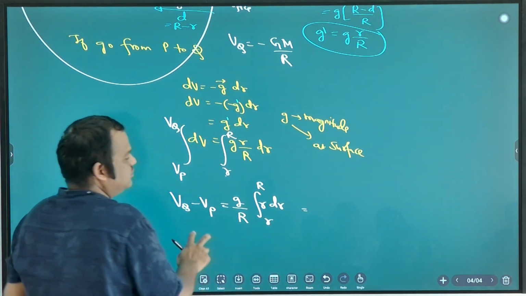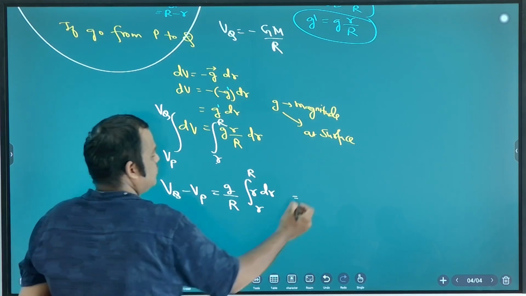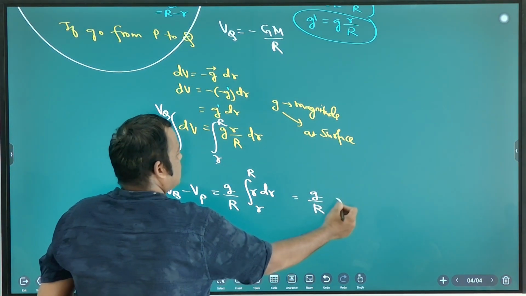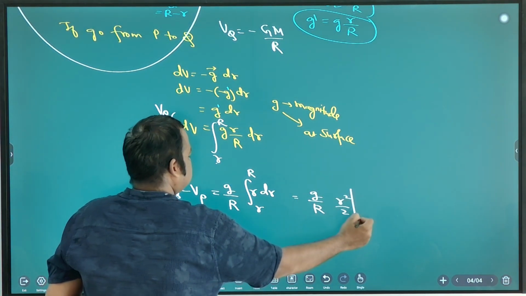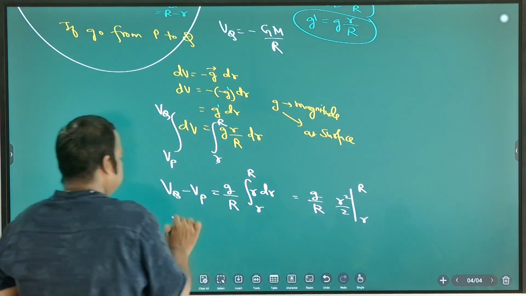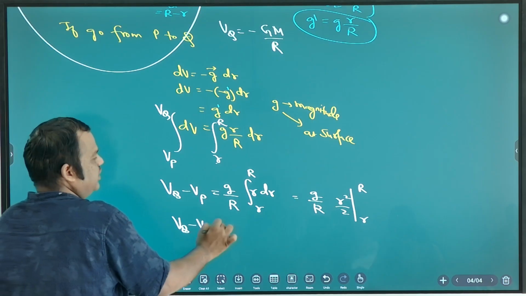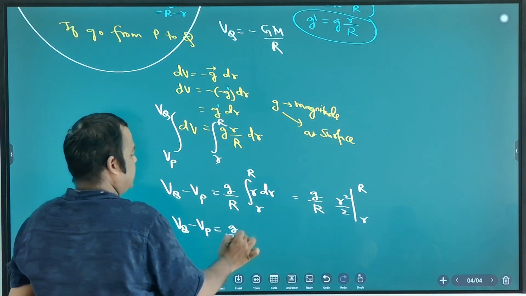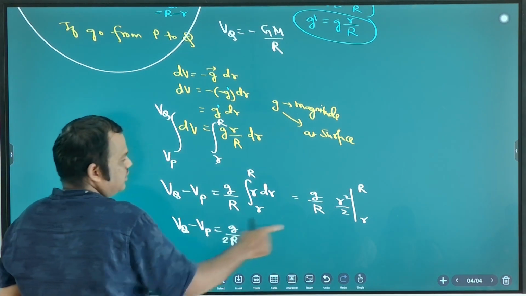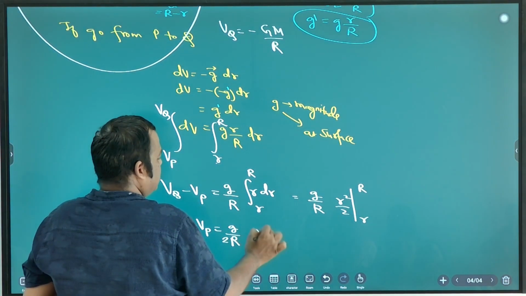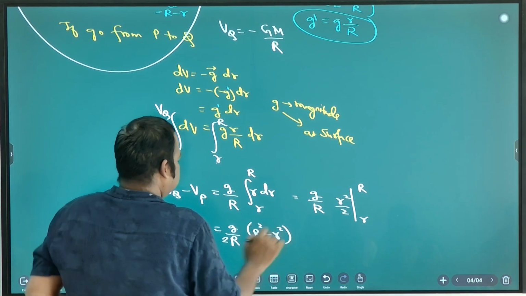What do you write? r square by 2, from small r to capital R. So Vq minus Vp is equal to g by 2R times capital R square minus small r square.